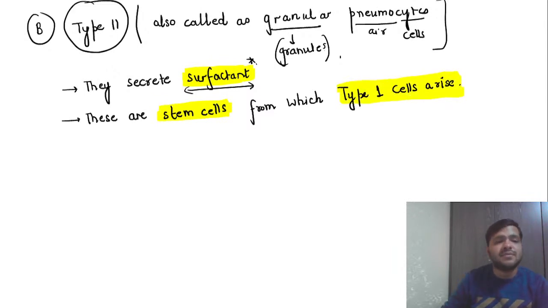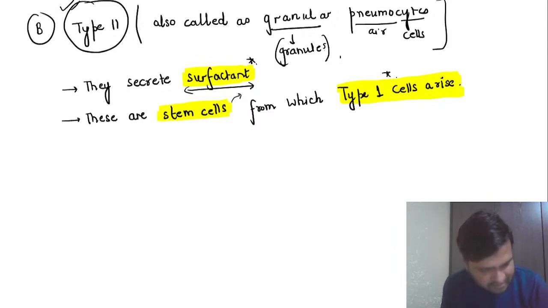When I say stem cells, beta, do you know what the work of stem cells is? To give birth to other cells, that is the work of stem cells. Now between type 1 and type 2, which is the stem cell? It is type 2. It produces surfactant and at the same time these are stem cells too. They will produce the other cells, and mainly which ones? The type 1 cells. So surfactant is produced by type 2, and stem cells are also type 2. They will give birth to the type 1 cells.